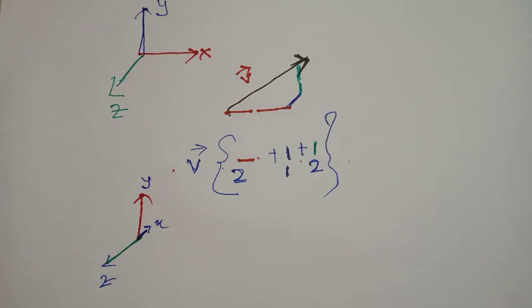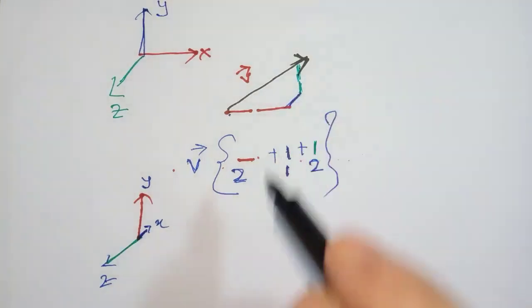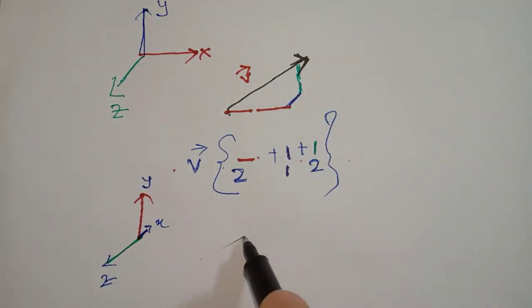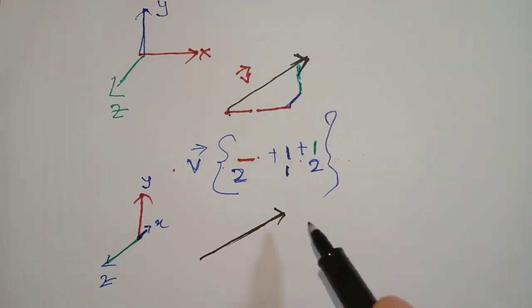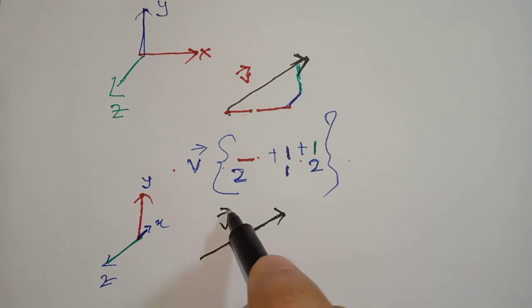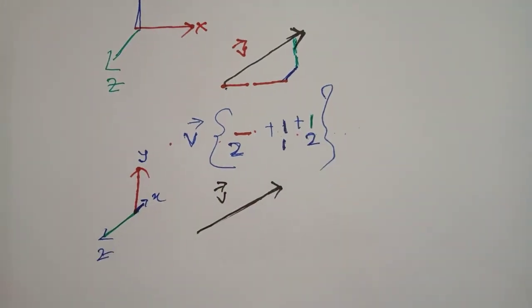We have a little bit of change in the coordinates, right? And we still have that vector, say for example this one, pointing towards this, so we have a vector v, the same one. Now we need to find out what components we need.